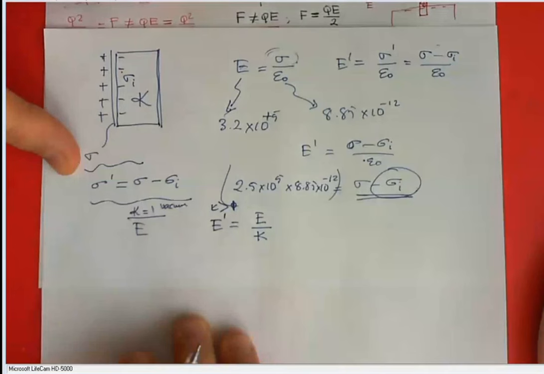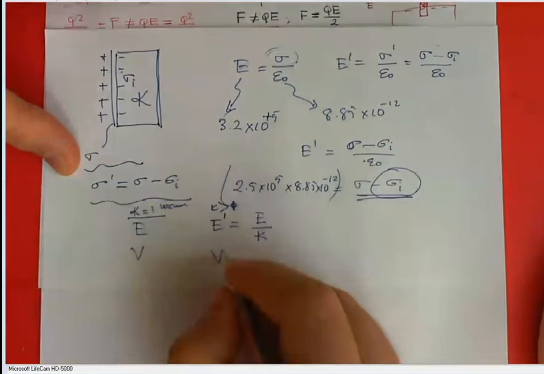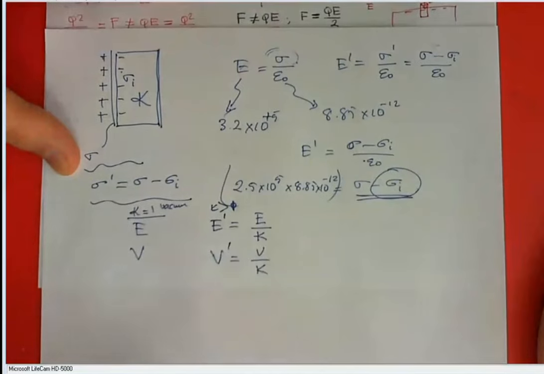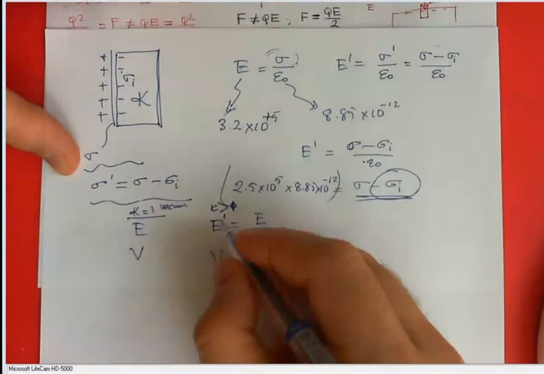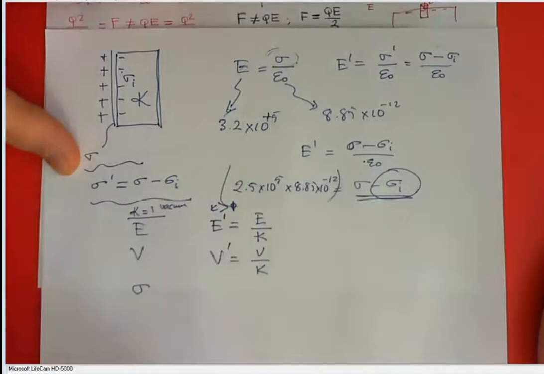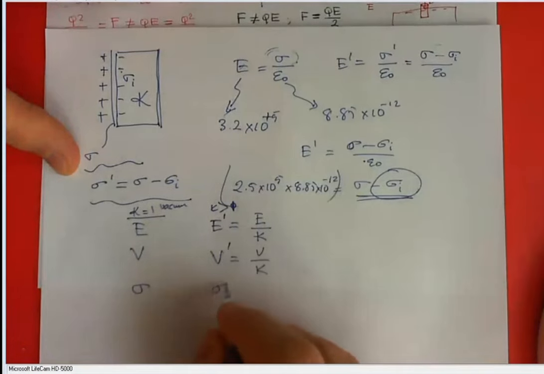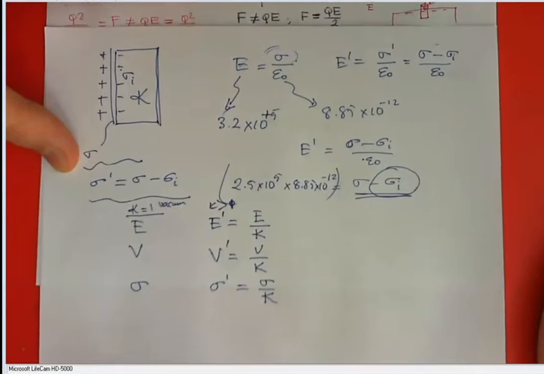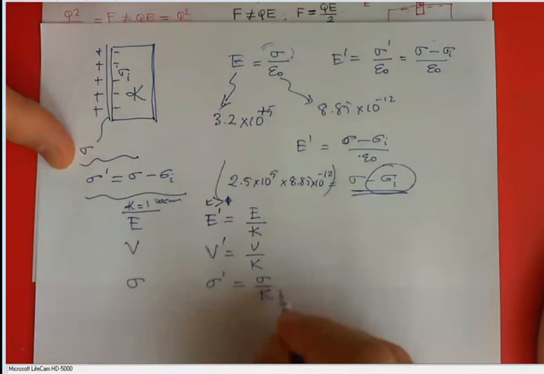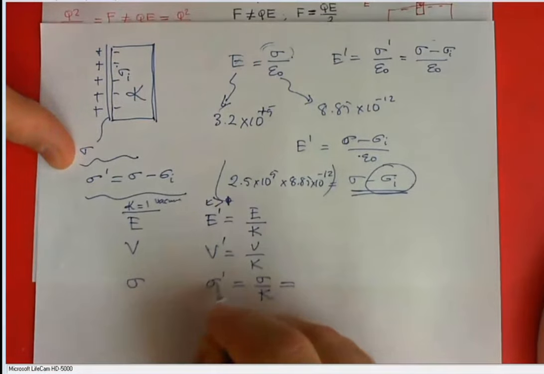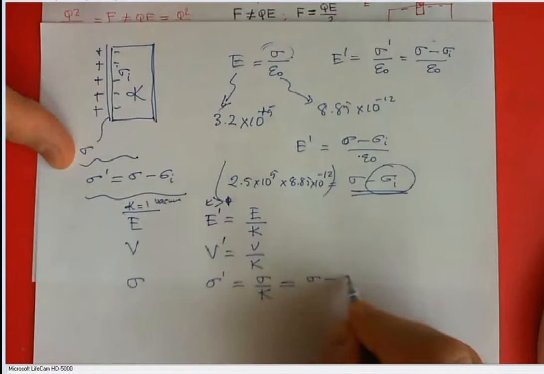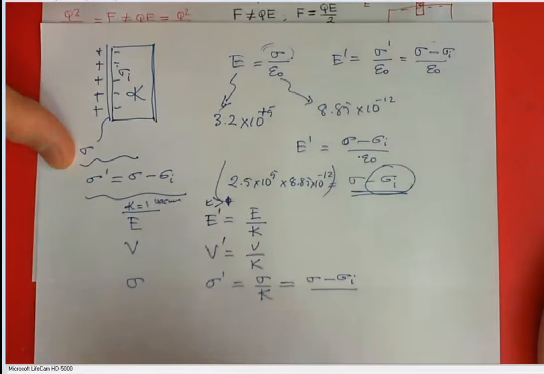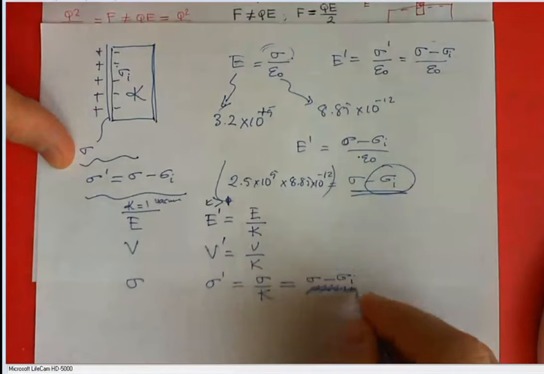If this has potential V, this will have V prime equal to V divided by kappa. If this has sigma value, this sigma prime would be sigma divided by kappa. And that is equal to sigma minus sigma induced.